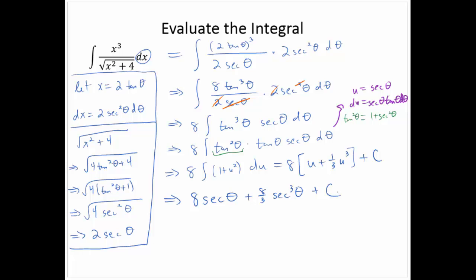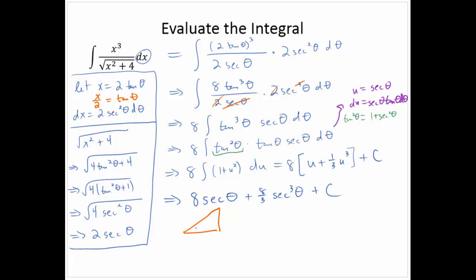All right, so here's where we have to use our knowledge of a little bit of trigonometry. If x was equal to 2 tangent theta, then x over 2 was equal to tangent theta. And so now I'm going to draw a little triangle.